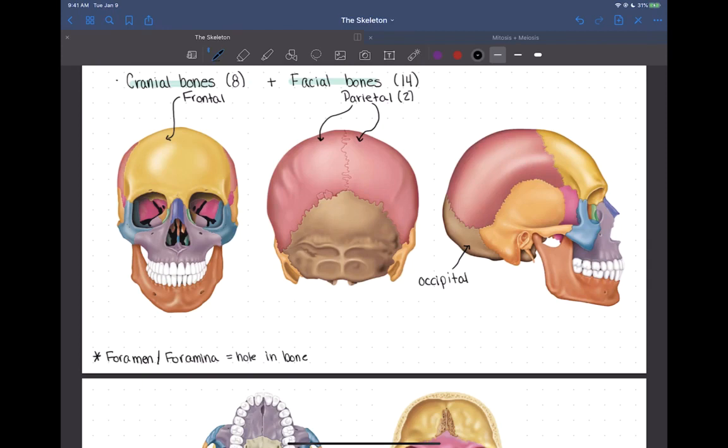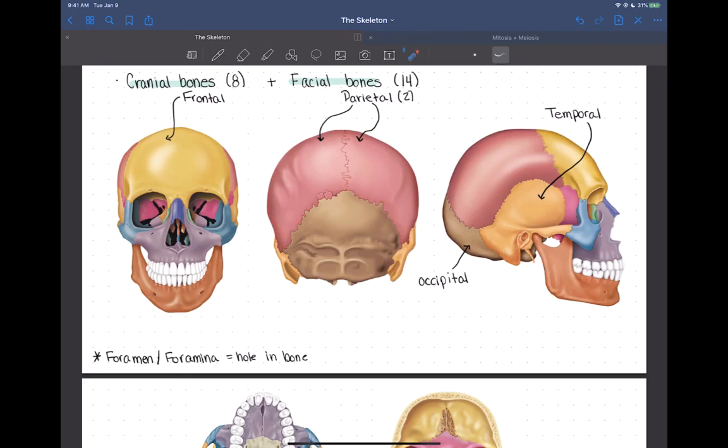They're orange in this picture, so temporal would be these here. The temporal bones also have holes for all the nerves from your ears to enter the skull and reach the brain. There's 2 of those, a left and a right.